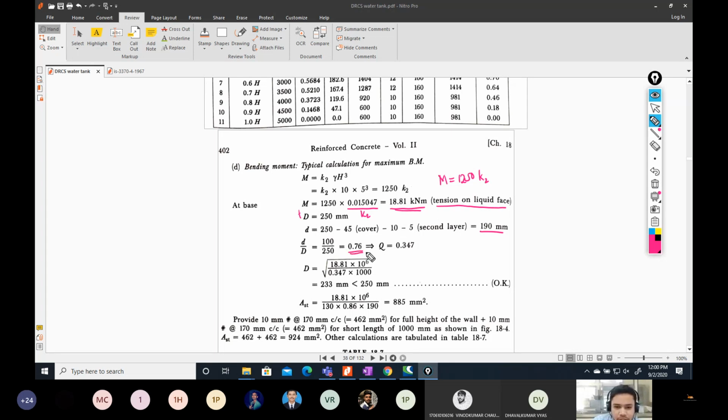Now from this d by D ratio, you can get the value of Mu upon bd square.